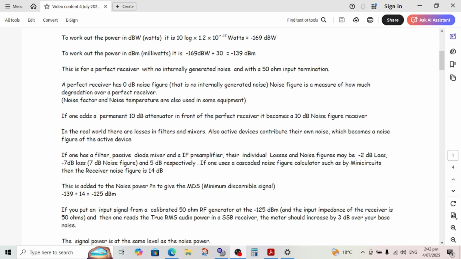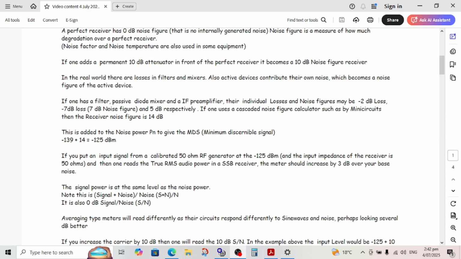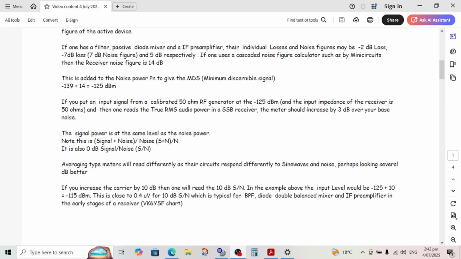If you put in a signal generator from a calibrated source, then the true RMS power meter on the SSB receiver output should increase by 3 dB over your base noise. This is when the noise power and the signal that is put into the front end are added together.